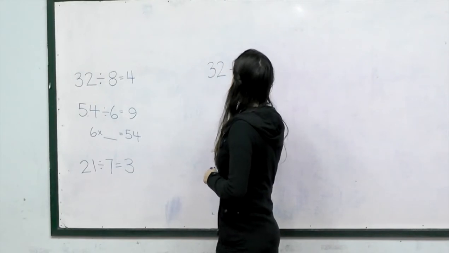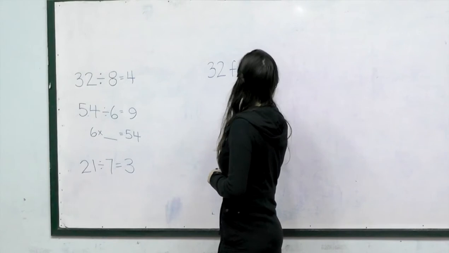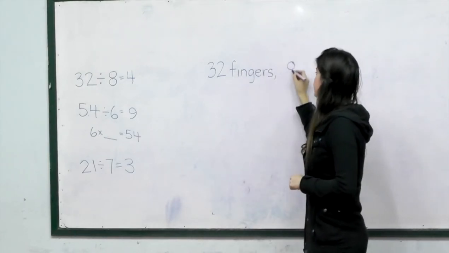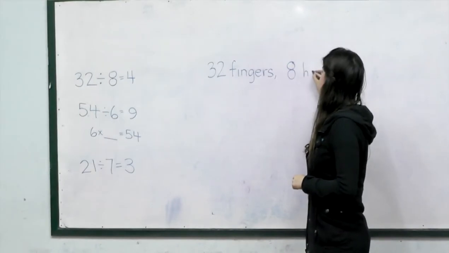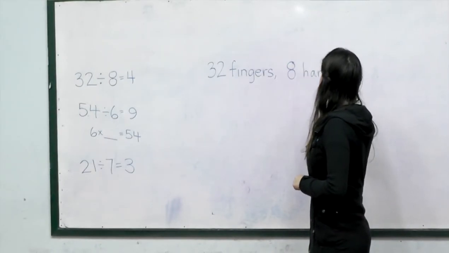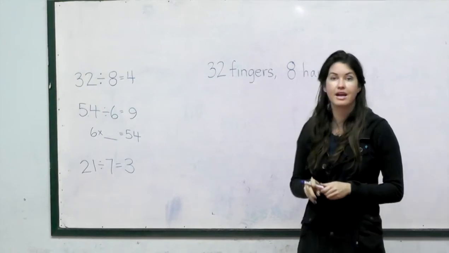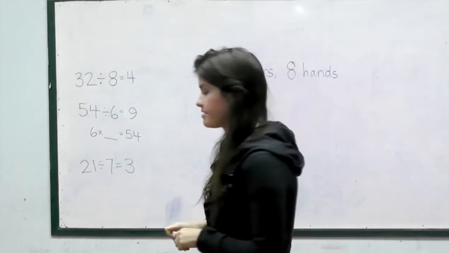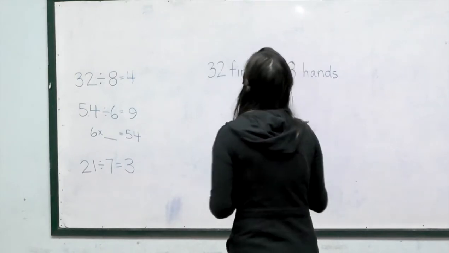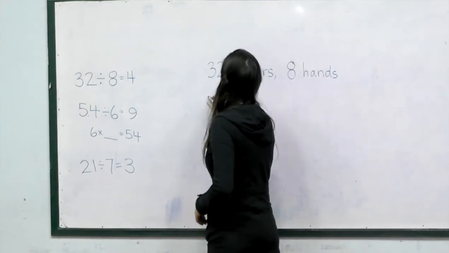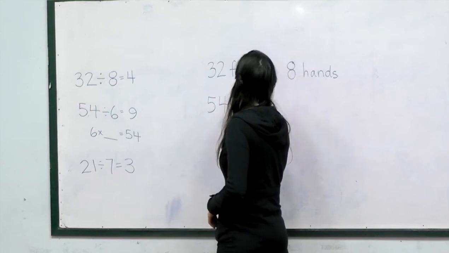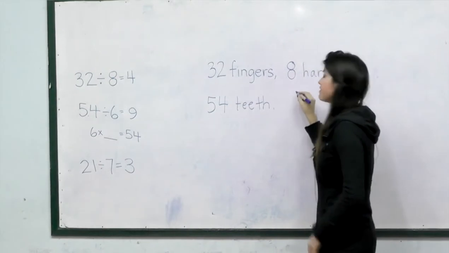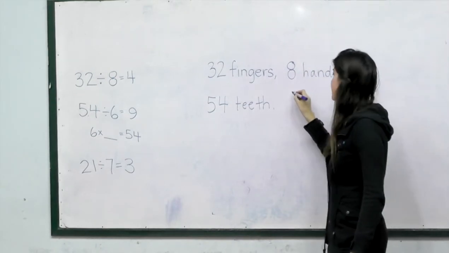So 32 fingers, 8 hands. So your monster will have 32 fingers with 8 hands. Your monster will have 54 teeth with 6 mouths.